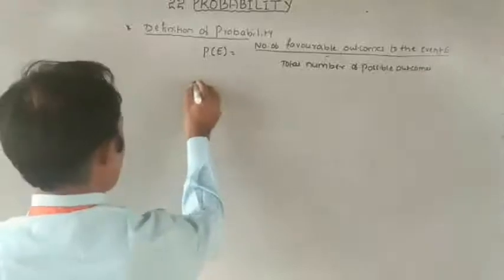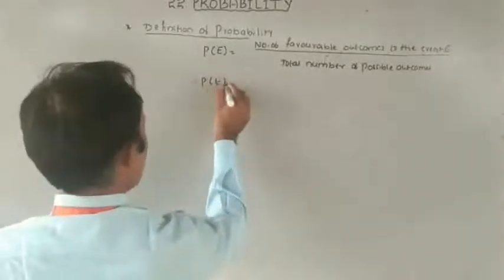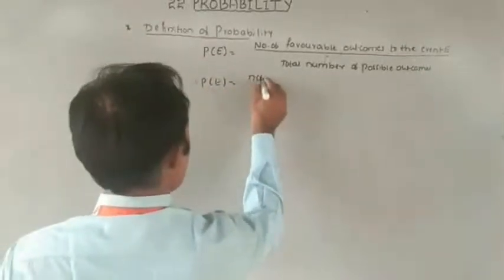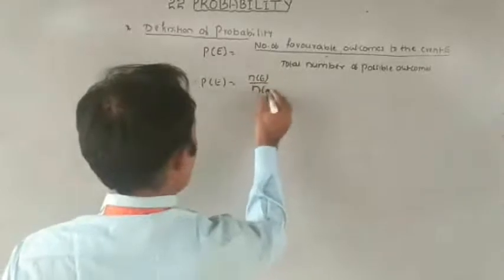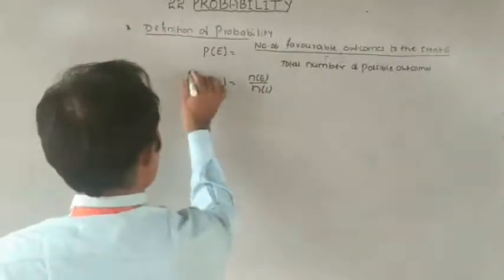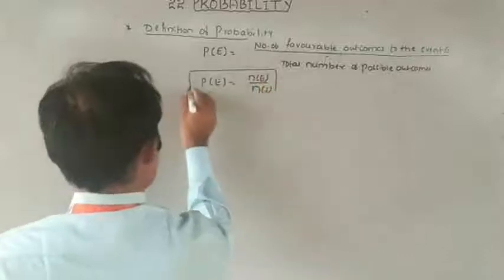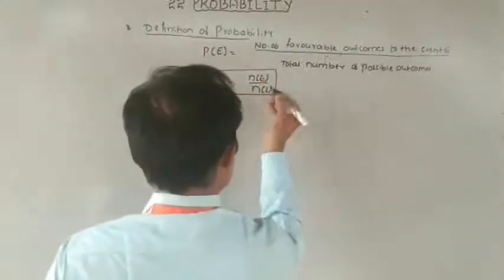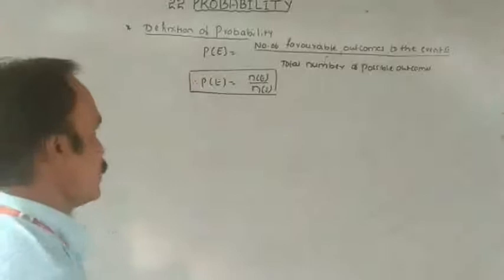Therefore P of E is equal to, this can be written as N of E divided by the total number of possible outcomes, N of S. This is the important formula to find the probability of an event.